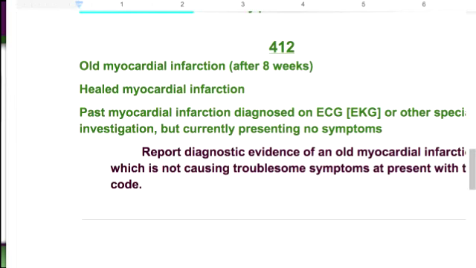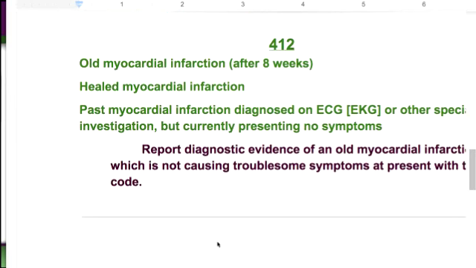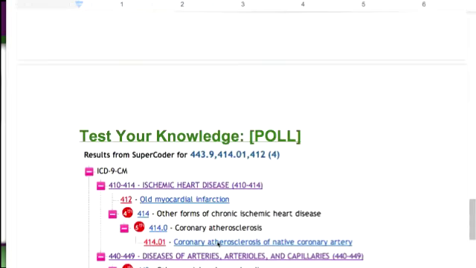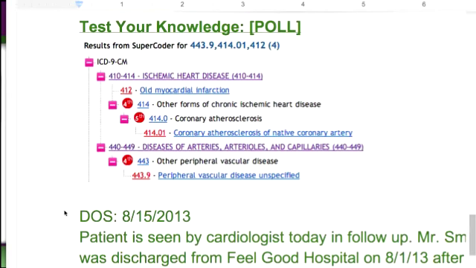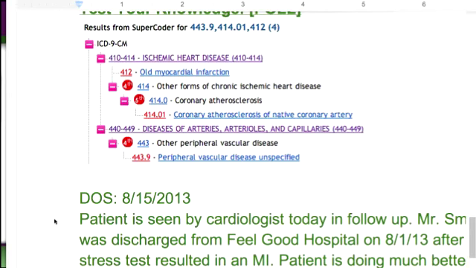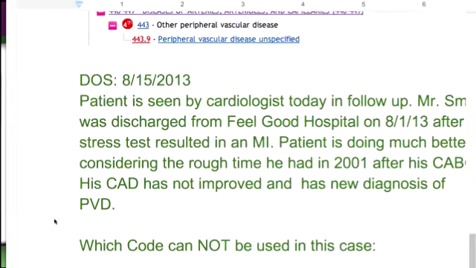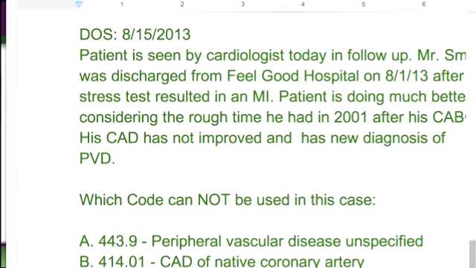So if you scroll down a little bit, we've got a neat little poll, okay? Here's the information that Lauren was nice enough to put on there. The date of service is 8/15/13. Patient is seen by a cardiologist today in follow-up.